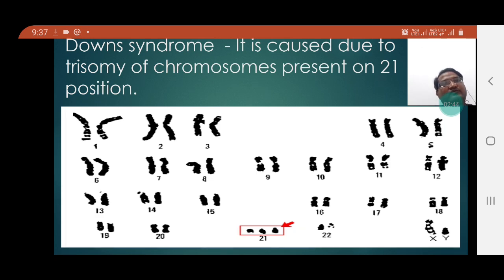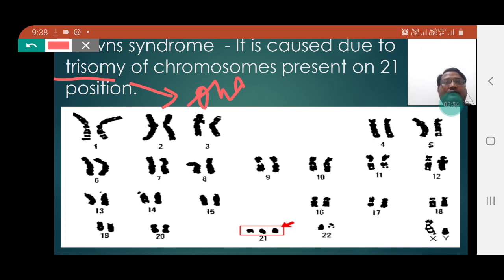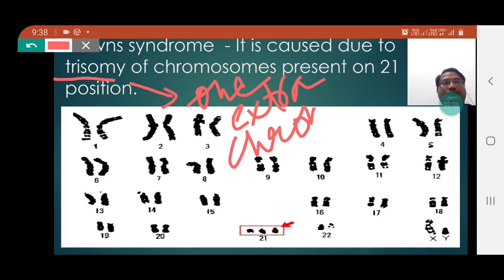Now students, trisomy is the increase of one extra chromosome. So whenever we say trisomy, we talk about one extra chromosome. Okay students, so one extra chromosome is called trisomy.